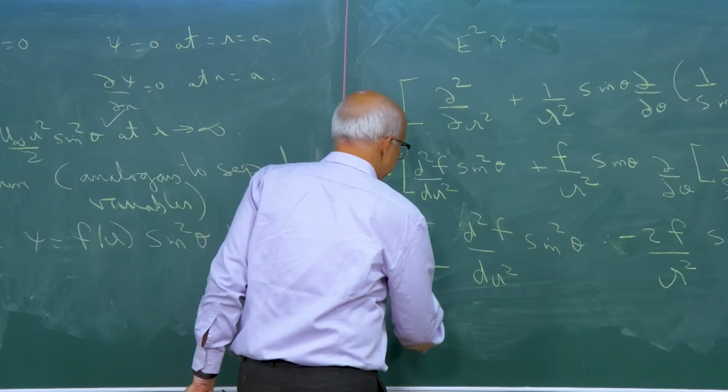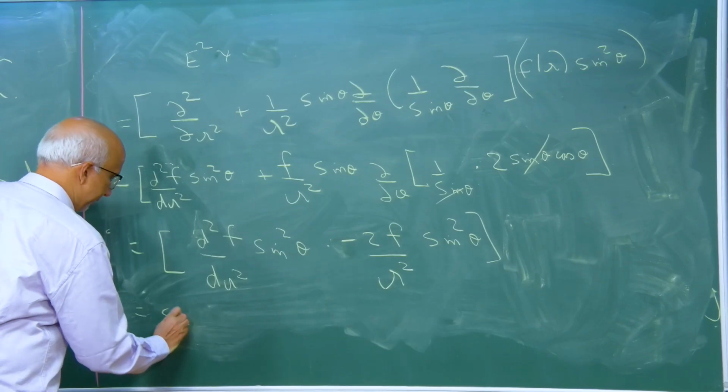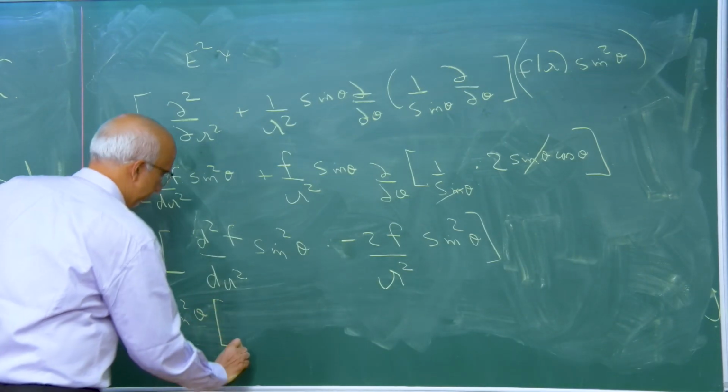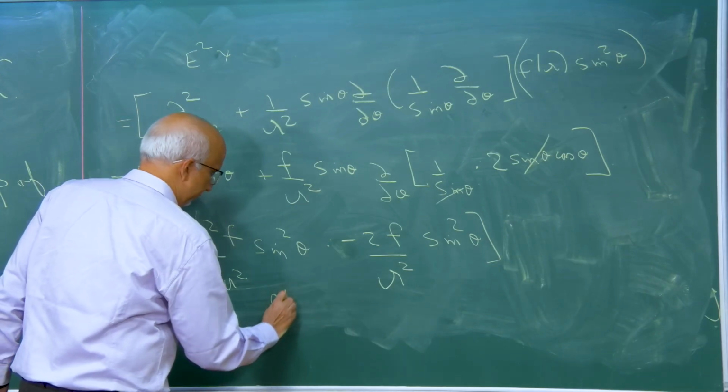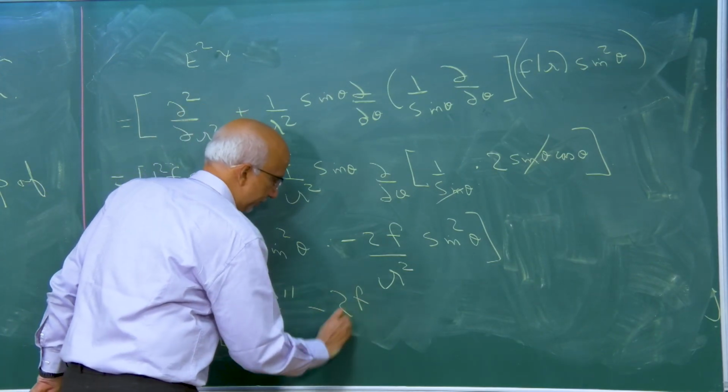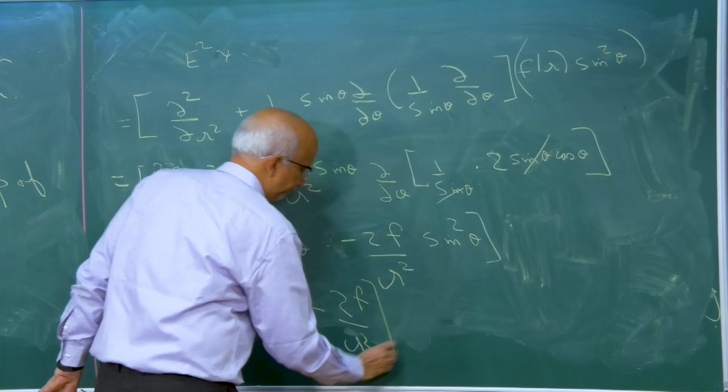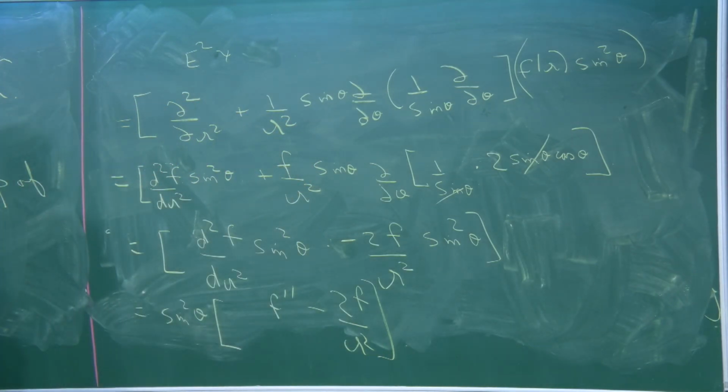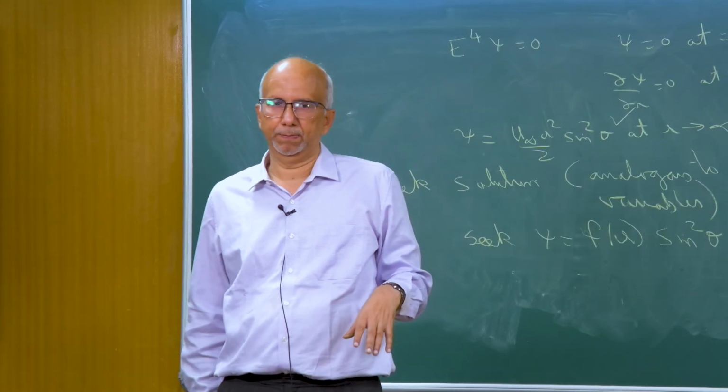So this is basically sin squared theta multiplied by f double dash minus 2f divided by r squared. This is just E squared. So all I have done is just done the substitution here.